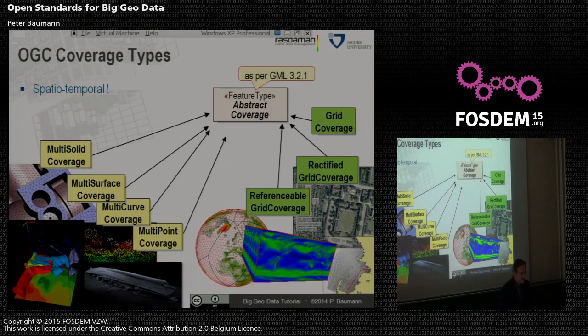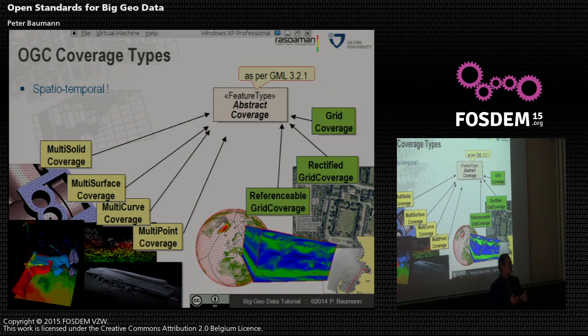And we need to, because actually the coverage types that we have are quite diverse. Typically we think about the right-hand sides. So we have pixels and we have quadratic pixels, so something like ortho images. But first of all, this can be spatiotemporal. We might have irregular grids. We might have very strange grids, like they like to have in climate modeling.